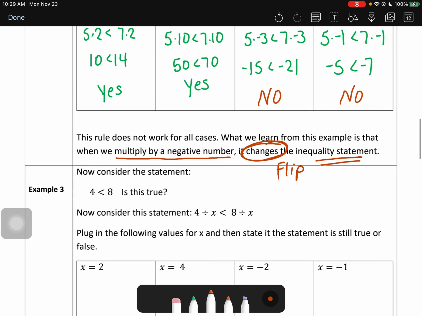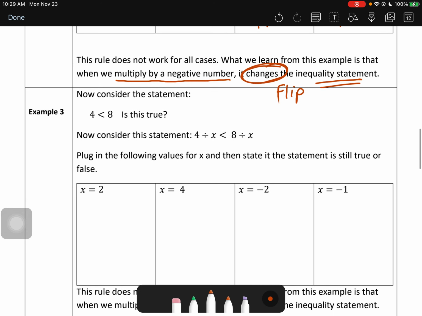Now consider this. Is 4 less than 8? Yes, it is. So what happens if we divide both sides by the same number? 4 divided by 2, is that less than 8 divided by 2? Is 2 less than 4? Yes.